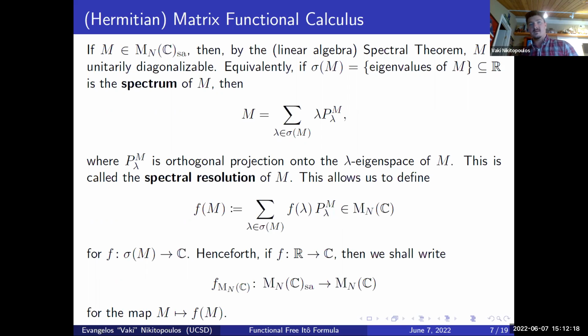Okay, and then the last thing I'll do is, this was just a function of the eigenvalues, but if you have a function where you can plug in any real number, you can turn it into a function that takes in a Hermitian matrix and returns the matrix f of that Hermitian matrix. So for a function of a real variable f, I will write f_{M_N^{sa}} for the associated map that you get by using functional calculus: M maps to f of M.